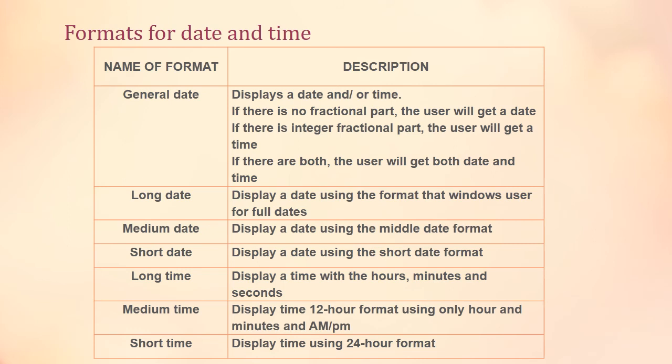In Medium Date we will get the date in the medium date format. In Short Date we will get the date in the short date format. Similarly, in Long Time, we will get the time with hours, minutes, seconds, etc. In Medium Time, only hours and minutes along with AM or PM will be displayed. In Short Time, it displays the time using the 24-hour format.